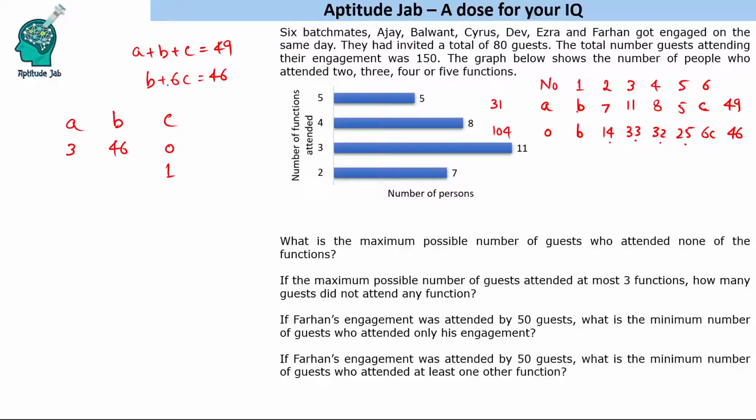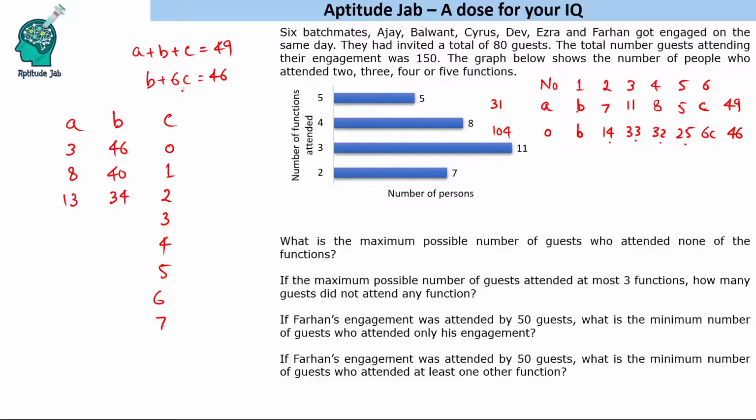If C is equal to 1, B will be 40 and A will be 8. If C is equal to 2, that means 12, so B will be 34 and A will be 13. Total is 49. So if we see the pattern, we can have a maximum value of C as 7. If we are increasing C, A is also increasing.